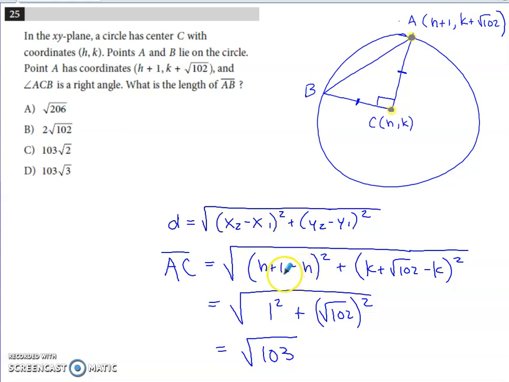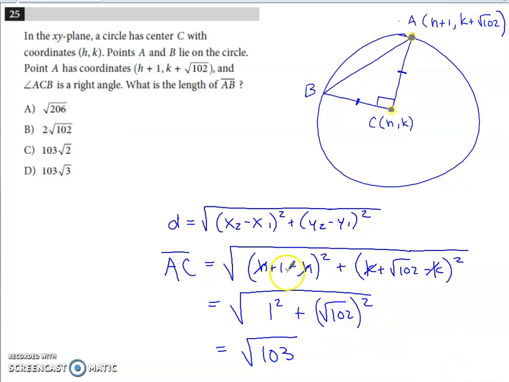So the x-coordinate of point A minus the x-coordinate of point C, and the y-coordinate of point A minus the y-coordinate of point C. Now what you'll notice is that this h and this h are going to cancel with each other. One's positive, one's negative. This k and this k are going to cancel with each other. One's positive, one's negative.